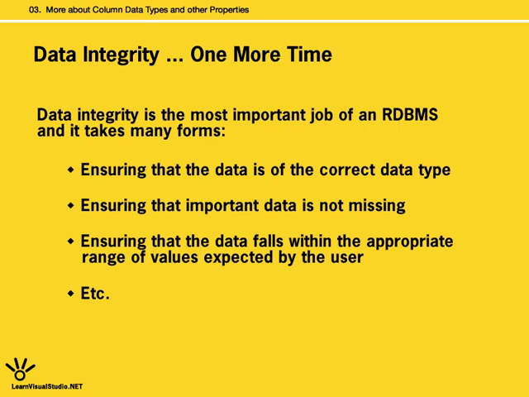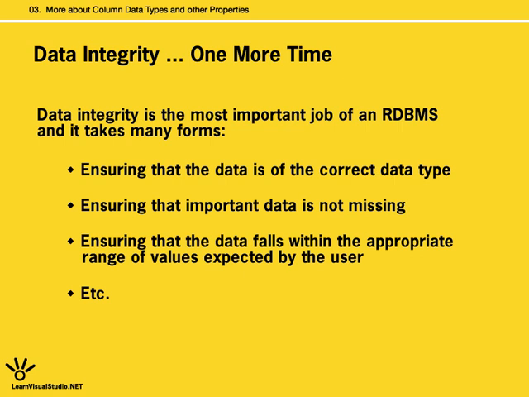It's also important that some information is not allowed to be left blank, that there's certain information that you define up front that has to be there before we can save a record of data into the database. Or else that row of data is virtually useless if we don't have a first name and a last name for a customer, for example.